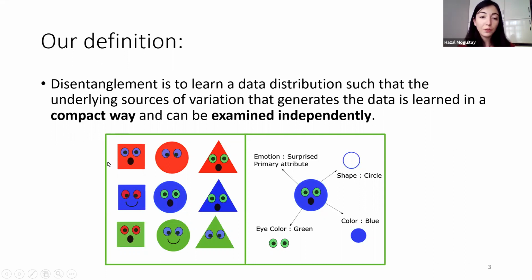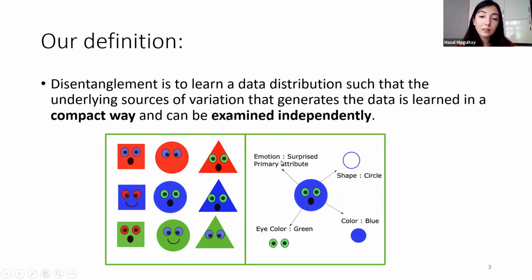So if you consider this example, let's assume we are given a training data set like this consisting of 9 shapes, and we are interested in classifying the emotion of these shapes, so surprised or happy. You can see there are other generating factors of this data set like the eye color, the color of the shape, or shape itself as circle or rectangle.